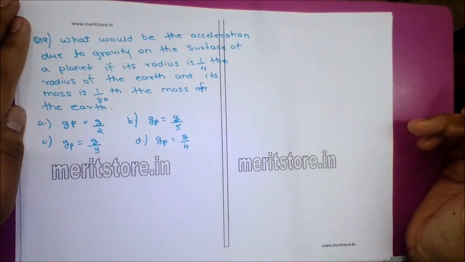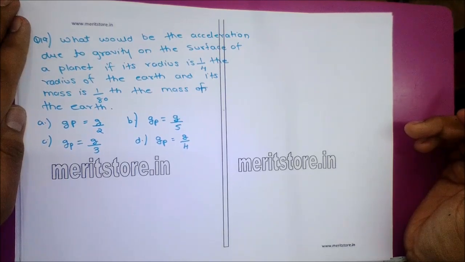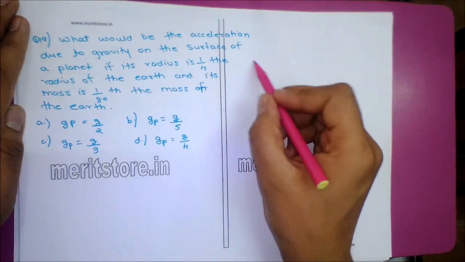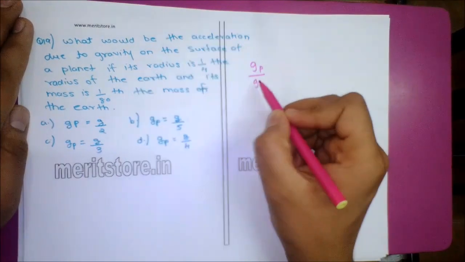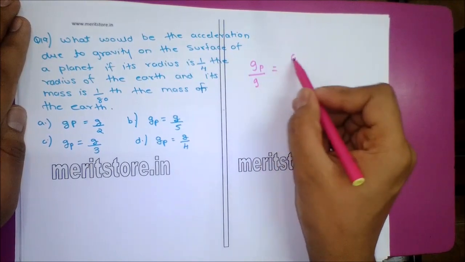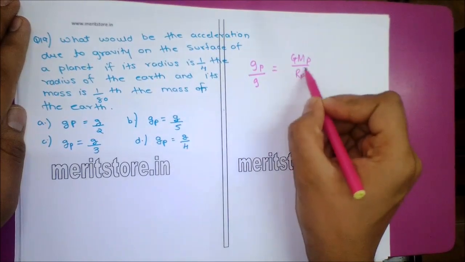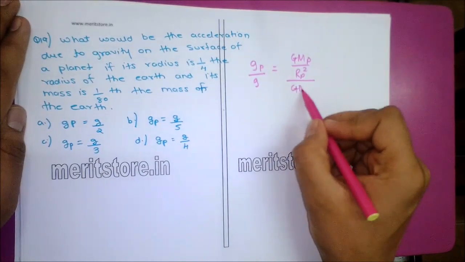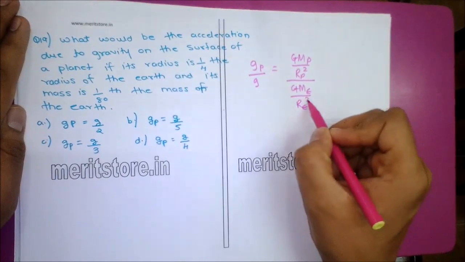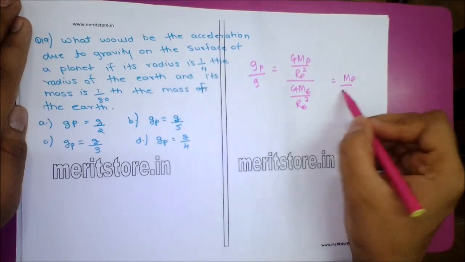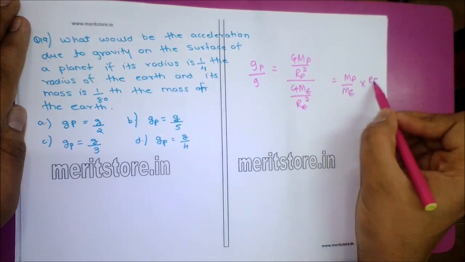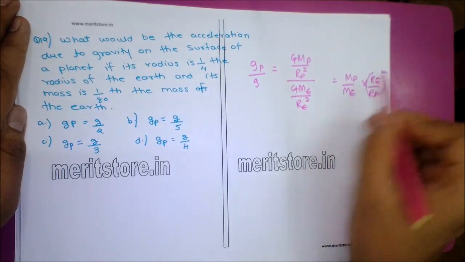Question 19. What would be the acceleration due to gravity on the surface of the planet if its radius is 1 by 4 the radius of the earth and its mass is 1 by 80th the mass of the earth? Now to solve this question, we know g, the acceleration due to gravity on the planet upon acceleration due to gravity on the earth, is equal to GMp upon rp square upon GMe upon re square, which is equal to Mp upon Me multiplied by re upon rp the whole square.